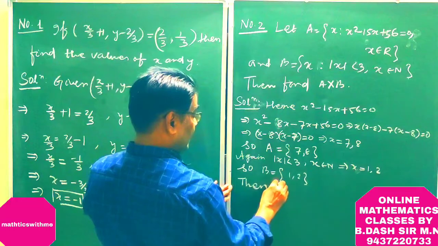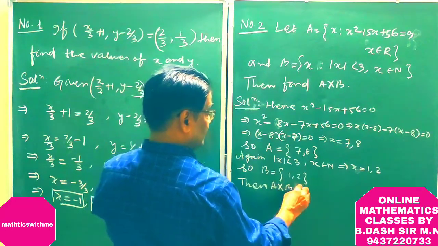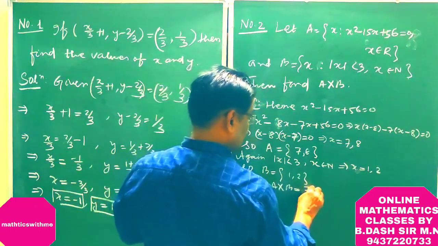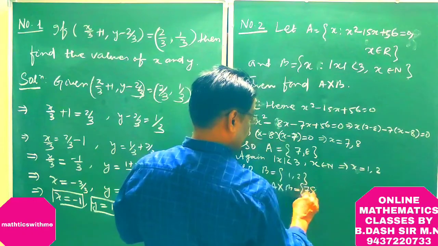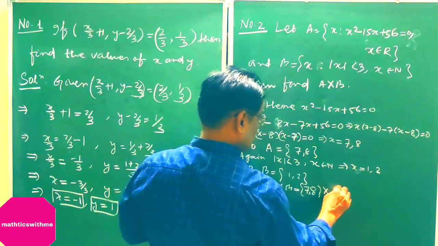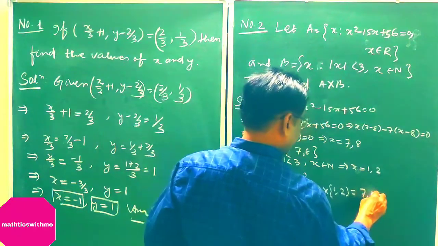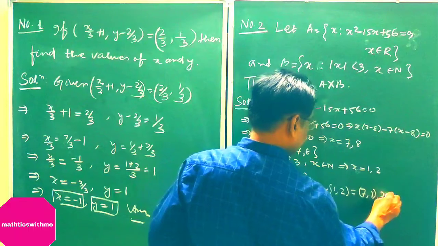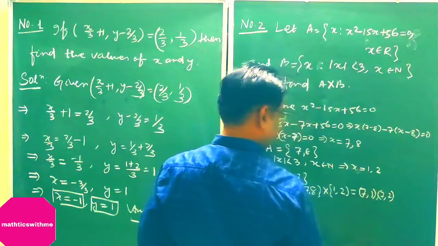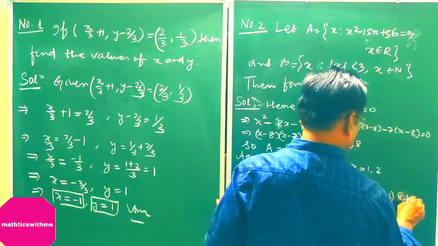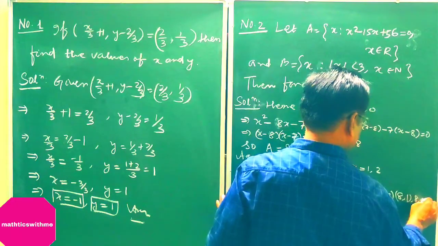Then A cross B is equal to {7, 8} cross {1, 2}. This is (7, 1), (7, 2), (8, 1), (8, 2).